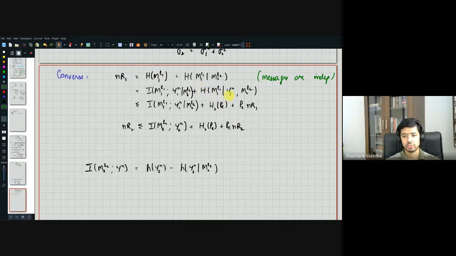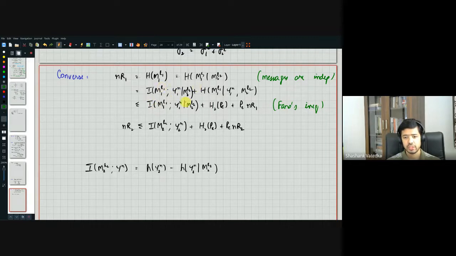Since given M2, user 1 should be able to recover the message reliably from Y1, I use Fano's inequality.